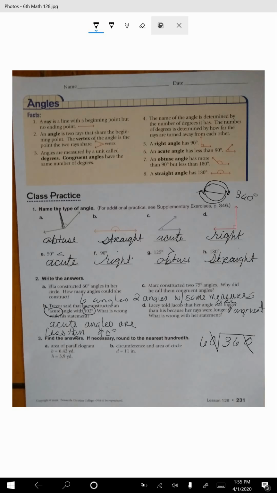Lacey told Jacob that her angle was bigger than his because her rays were longer than his. What is wrong with her statement? Well, does it matter how long your lines are?